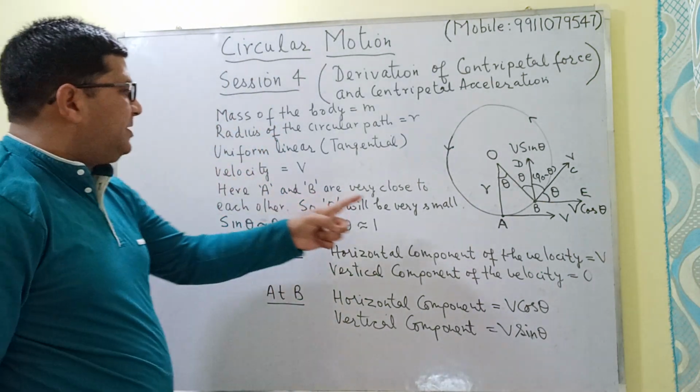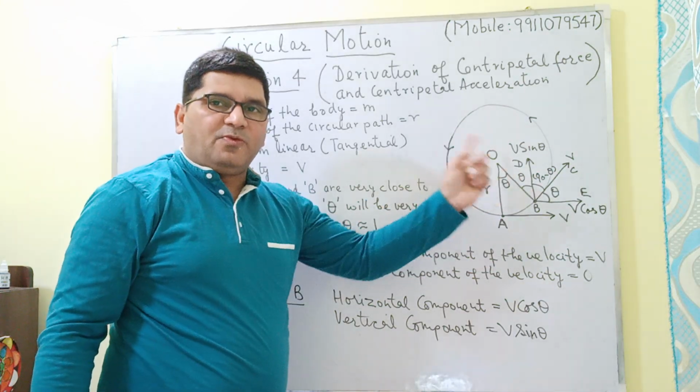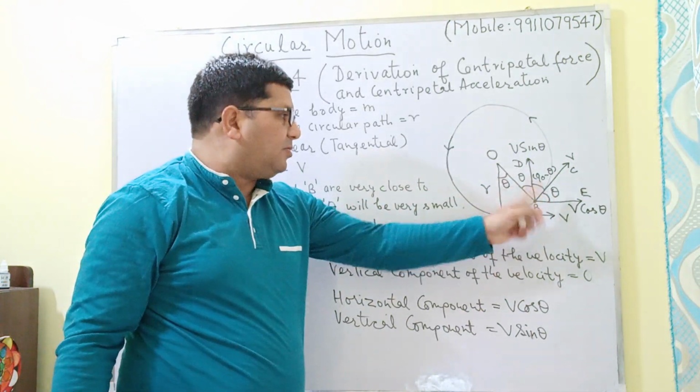Here we have considered that this body is moving with a uniform tangential or linear velocity, which is equal to V.